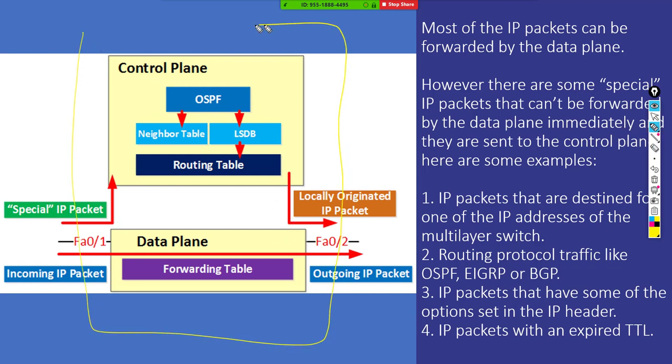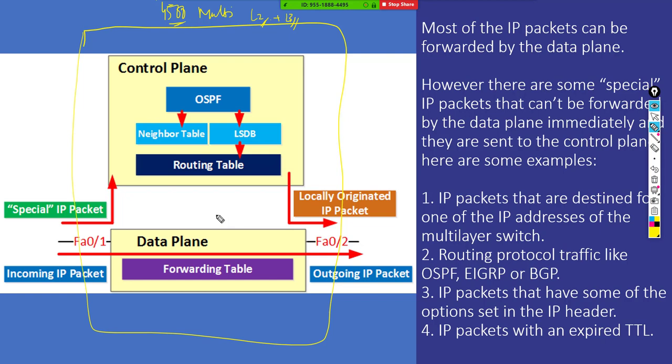Let's say this is a complete 4500 box, which is a multi-layered switch, capable of layer 2 switching plus layer 3 routing properties. We also know there are three planes: management plane, control plane, and data plane.